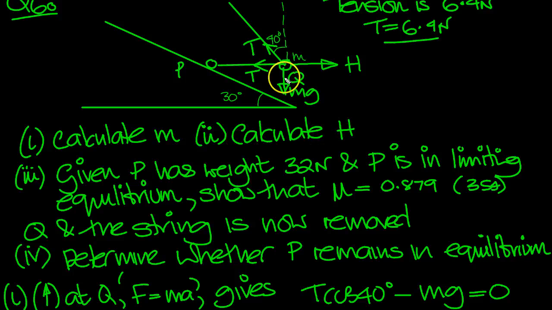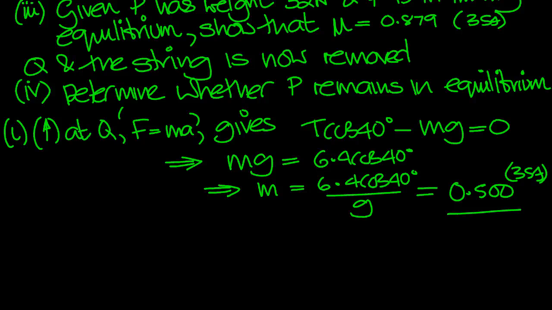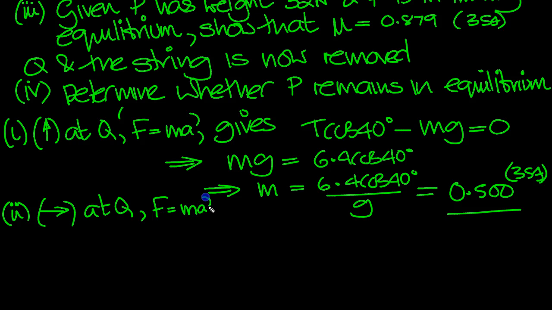So calculate H. Well, let's resolve the forces horizontally now. Again, it's in equilibrium. So part 2. Resolving the forces horizontally at Q and applying F equals ma, the resultant force is 0 because it's in equilibrium. So what have we got?